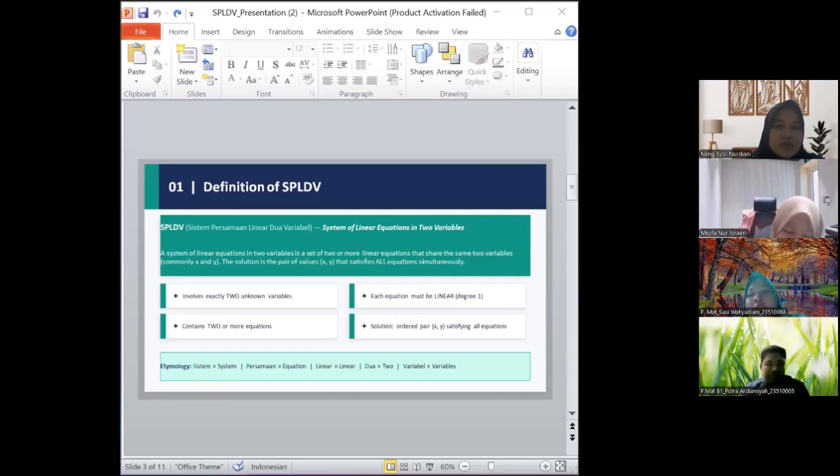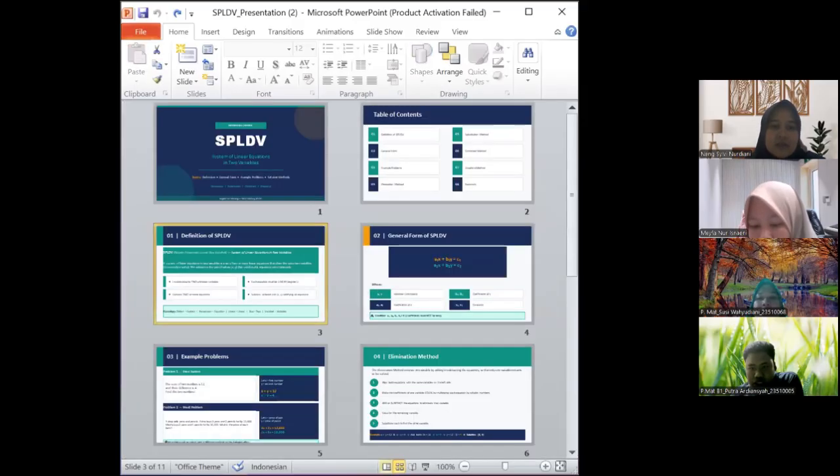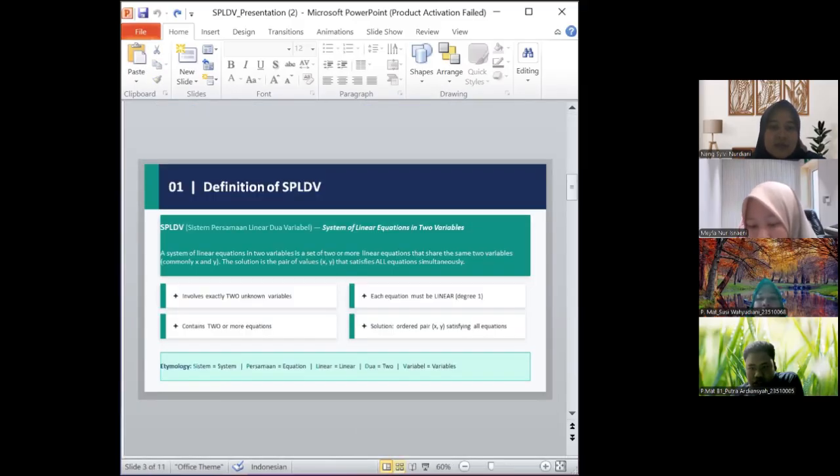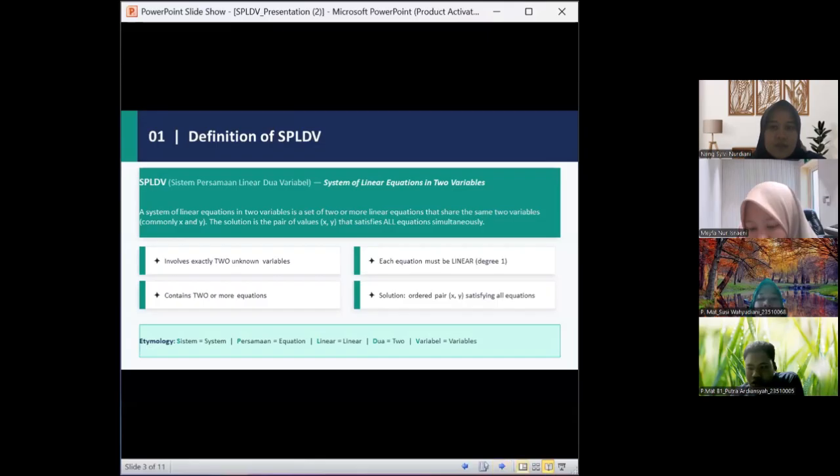I understand the definition, Miss, but I have a small question. Does SPLDV always have exactly two equations? Okay, good question, Susie. At the grade 8 level, we focus on systems with exactly two equations.